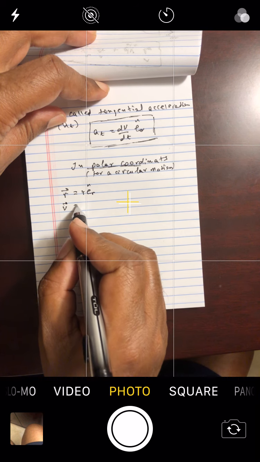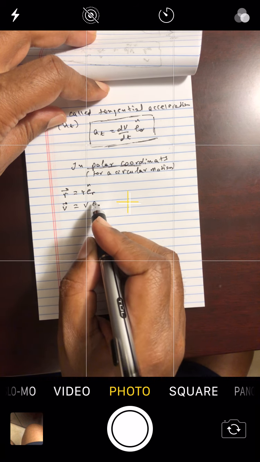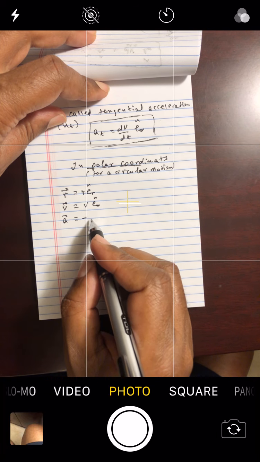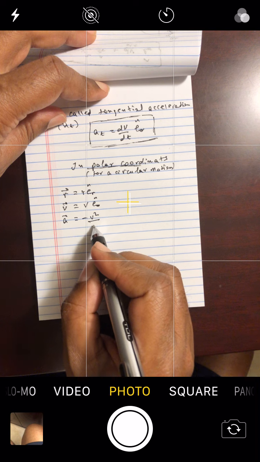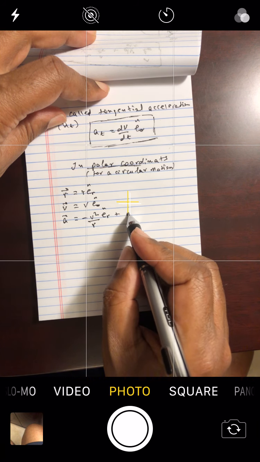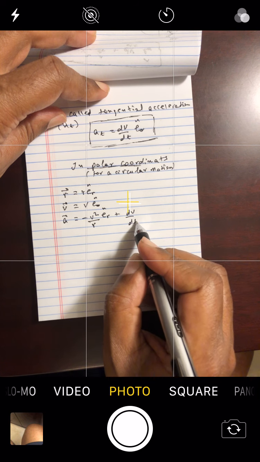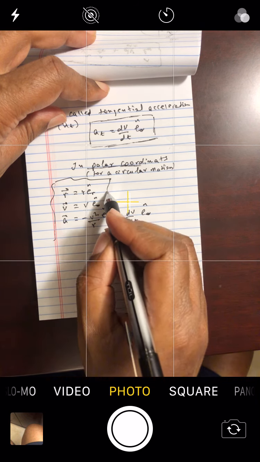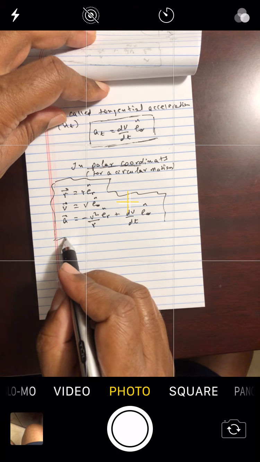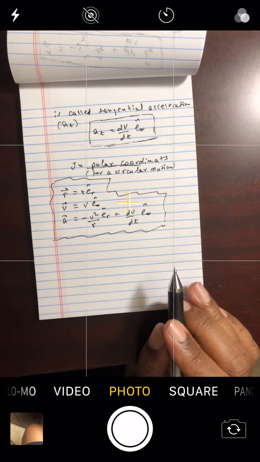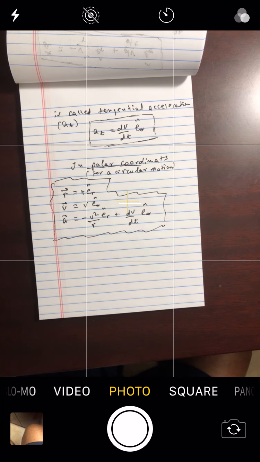The velocity equals its magnitude in the direction of e theta, and the acceleration has a radial component, negative v squared over r in the direction of er, and then a tangential component, dv by dt in the direction of e theta. So these are the polar expressions for the motion variables for a circular motion.